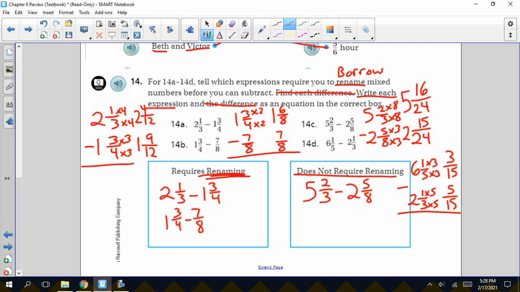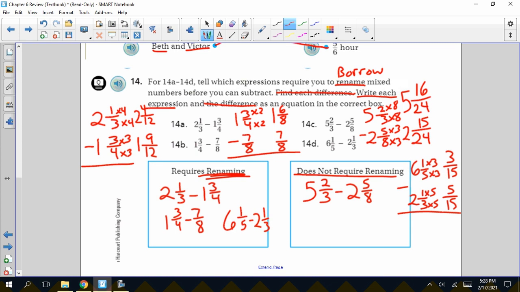Does not look good for our subtraction here. 3/15 minus 5/15 you can't do. You would have to borrow from the whole number. So that's going to require our renaming. So we're going to put the 6 1/5 minus the 2 1/3 in the requires renaming box.